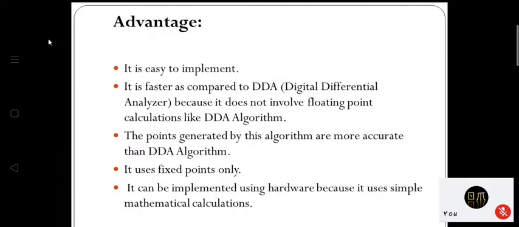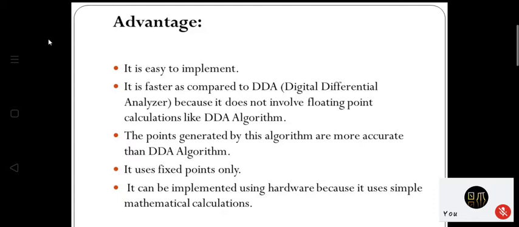This floating point operation you do not obtain in Bresenham algorithm, so it is much faster as compared to DDA, because you do not have to perform any conversion from floating to integer.